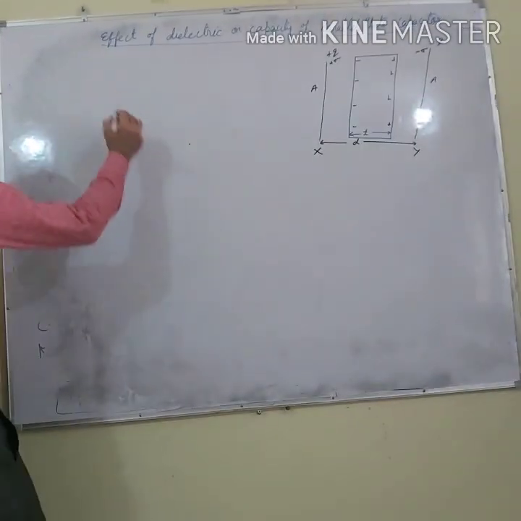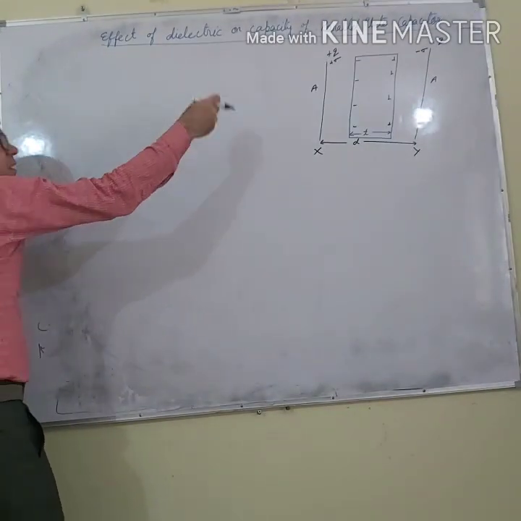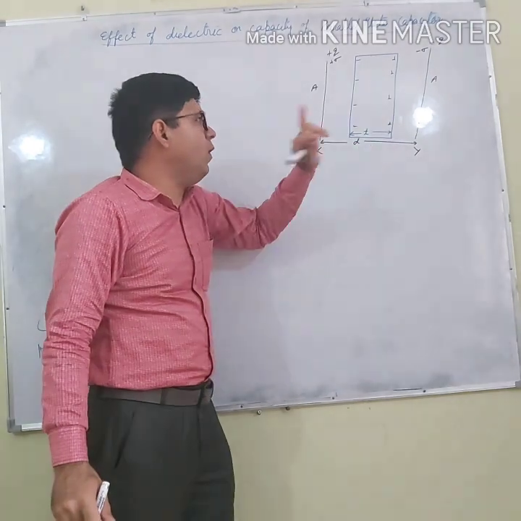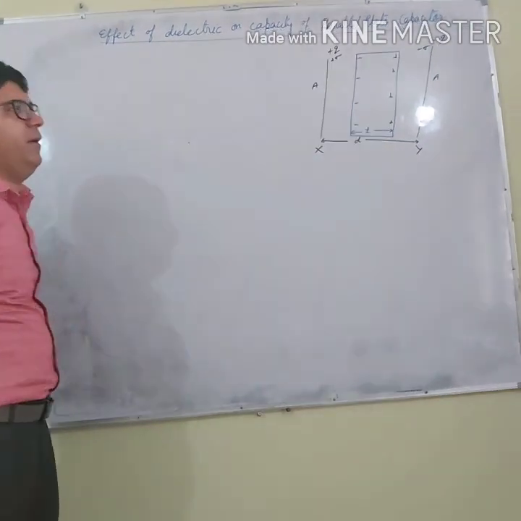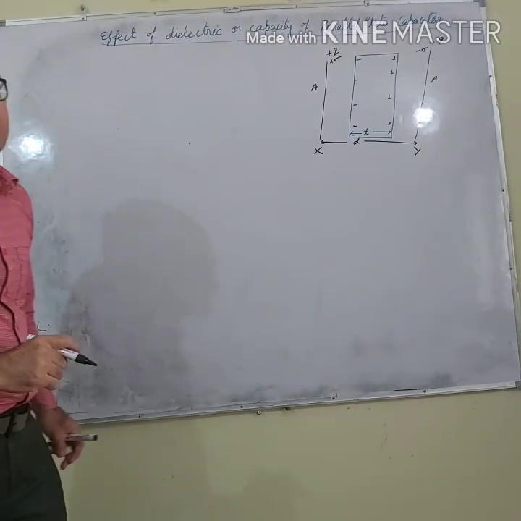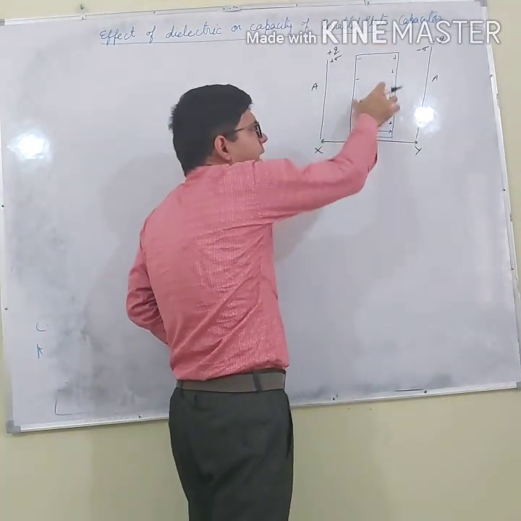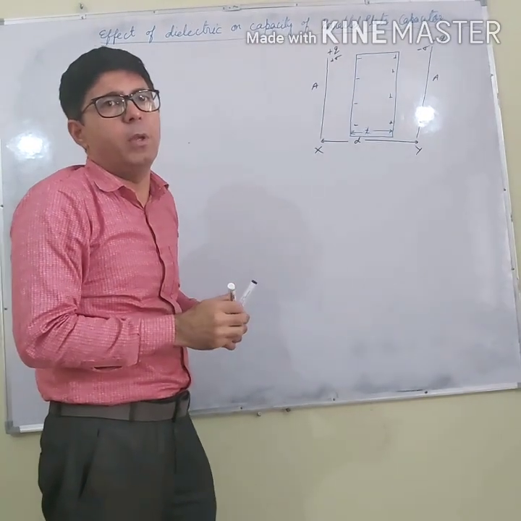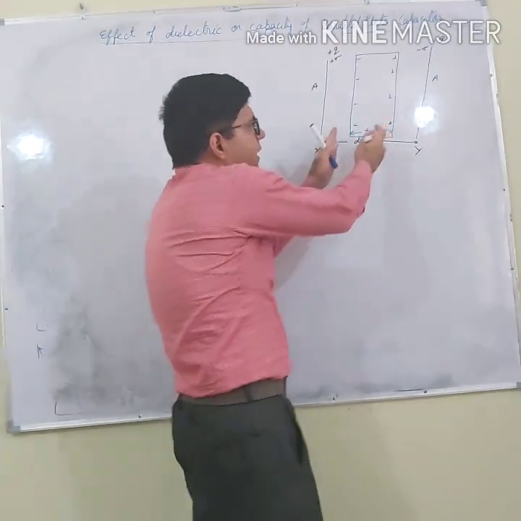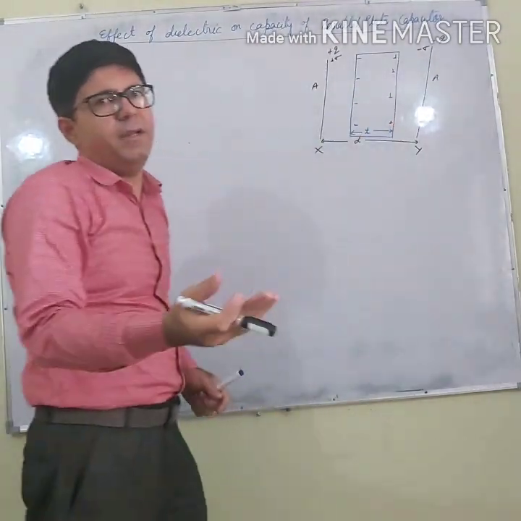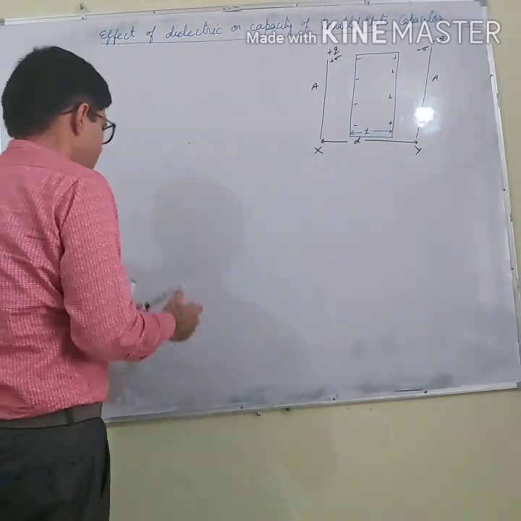Now, between the plates of the capacitor, we are having two regions. In one region, there is the dielectric that I have drawn with the blue ink, and the remaining portion is vacuum.